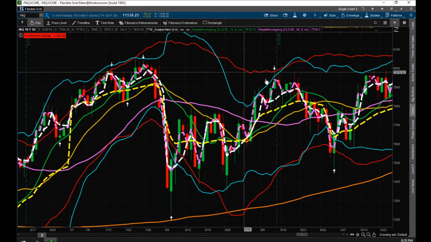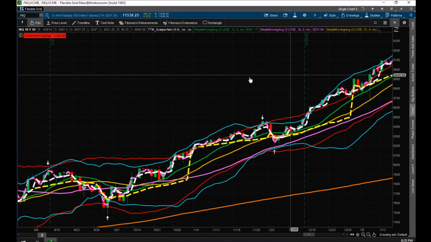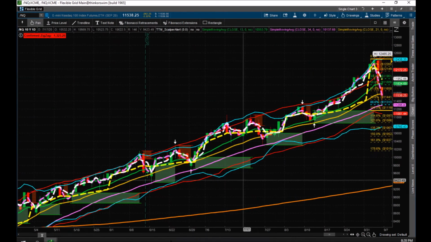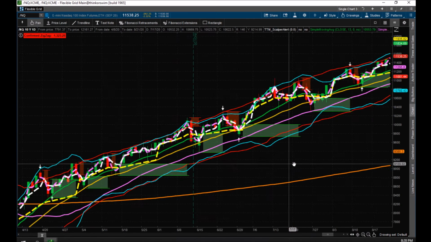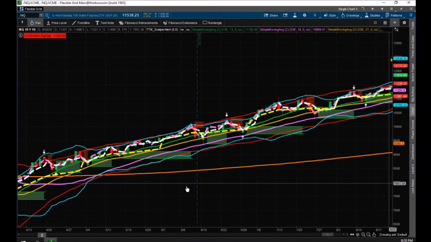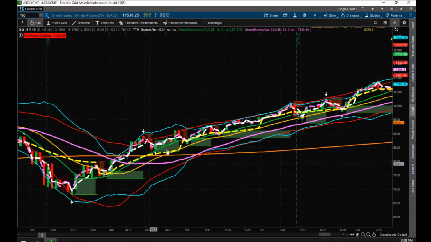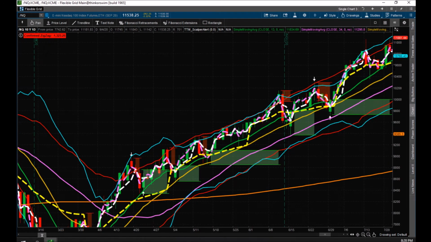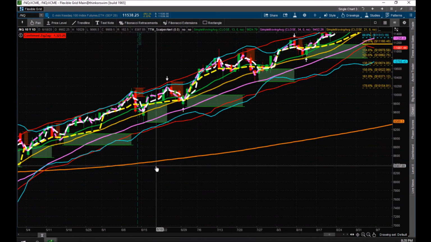See, it's just a monthly pattern. So we just kept making new highs. Here we haven't actually had a pullback to the 200. It's due for a pullback to the 200 and it hasn't done it.